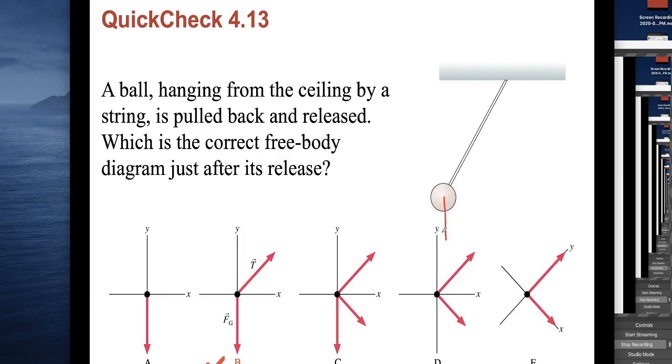First, as we talked before, there's always one force on your object, which is weight. Is there any other force on the ball? Actually, there's a tension force, which is in this direction. Is there any other force? No, there isn't any other force. So the correct answer is B.